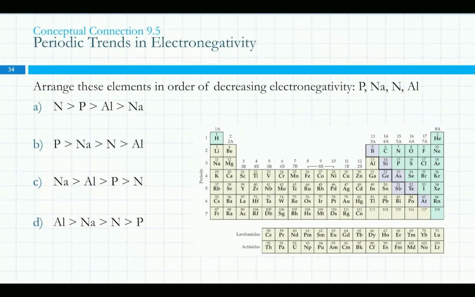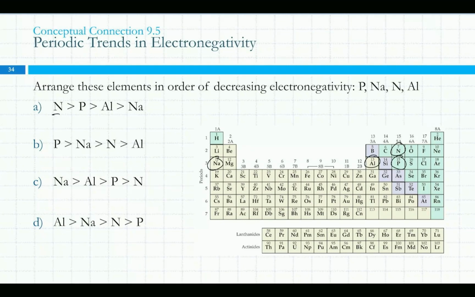Using general trend, how can we sort phosphorus, sodium, nitrogen, and aluminum? Which of those is the closest to fluorine? All right, so if we're looking at those four, nitrogen's really only 2 moves away from fluorine, because it'd be 1, 2, 3 moves.